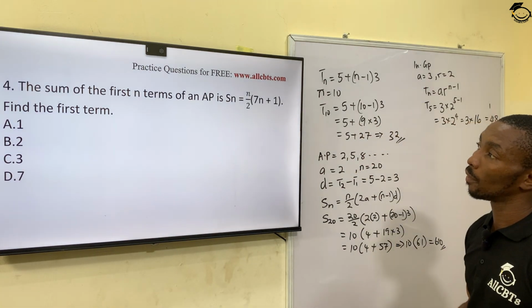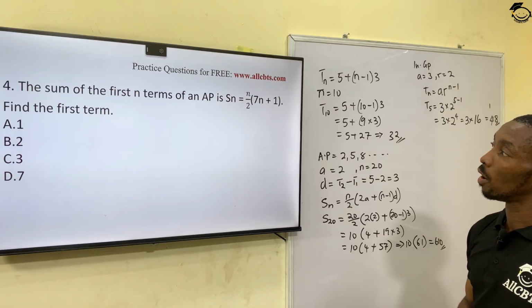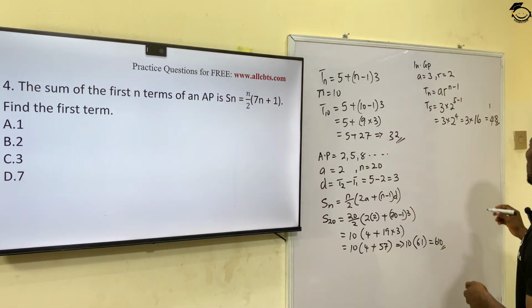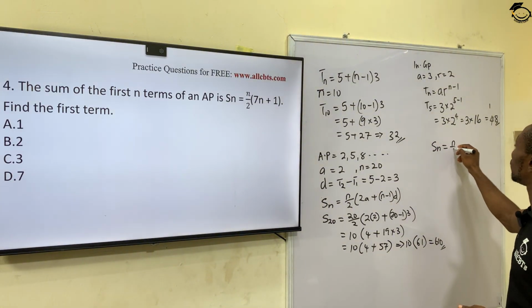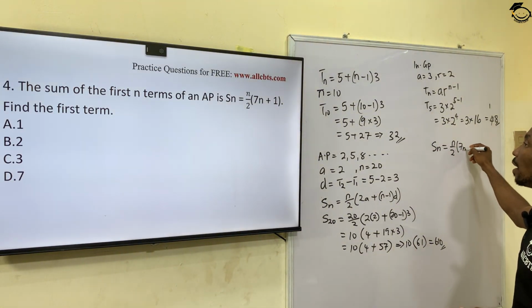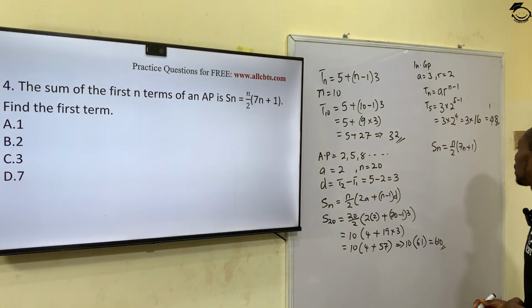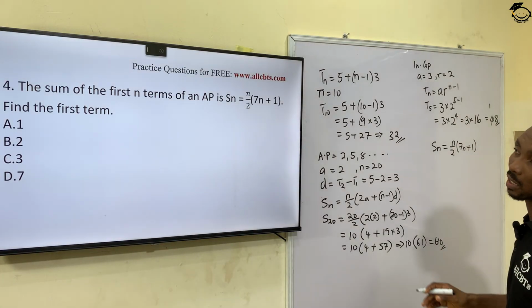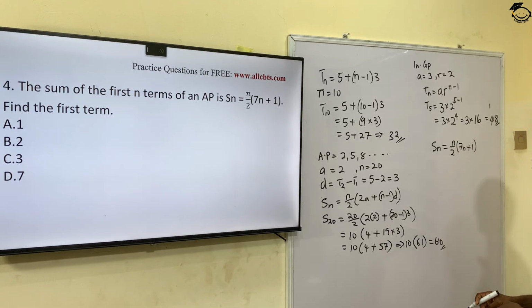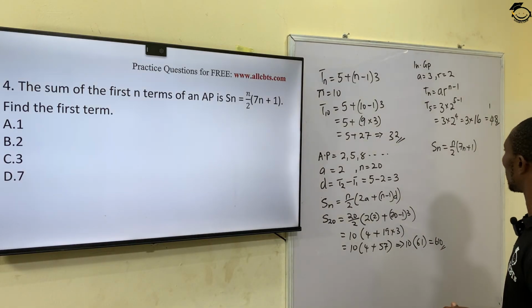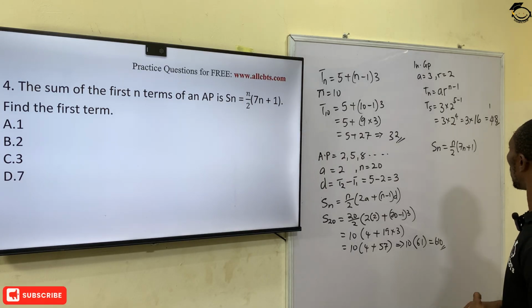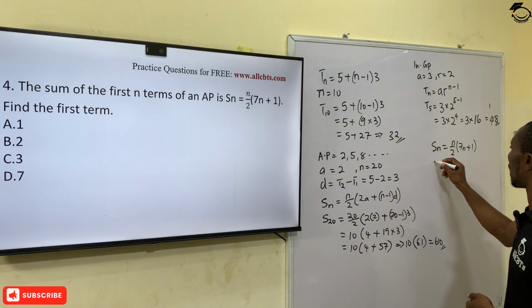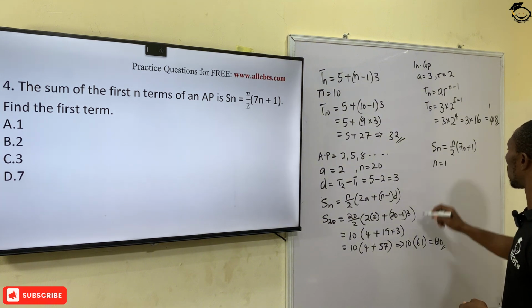The sum of the first n terms of an AP is, for this we have Sn equals n over 2 bracket 7n plus 1. Now they said the sum of the first n terms is this, and that we should find the first term. In order to find the first term, we are going to substitute n equals 1.